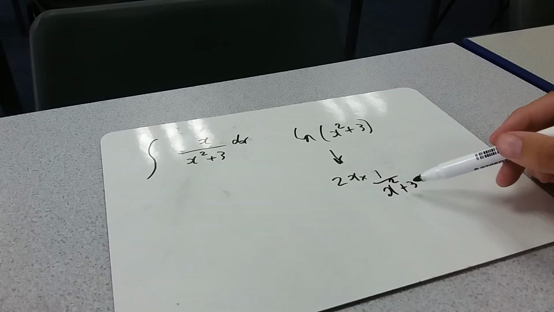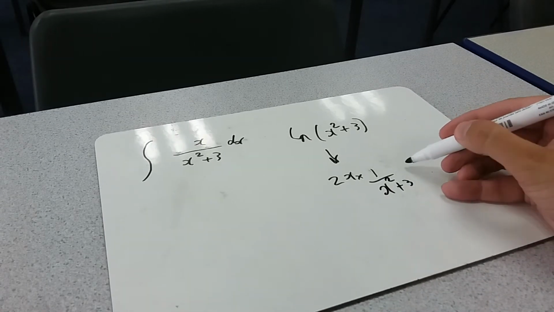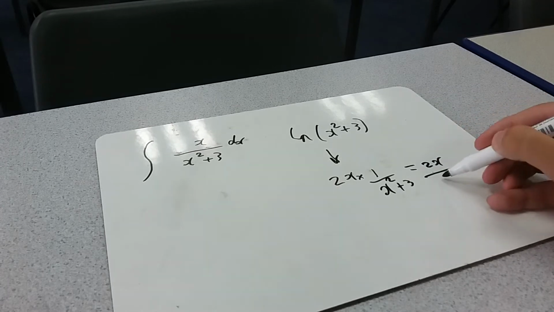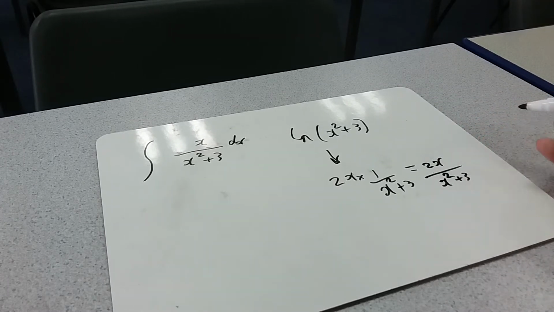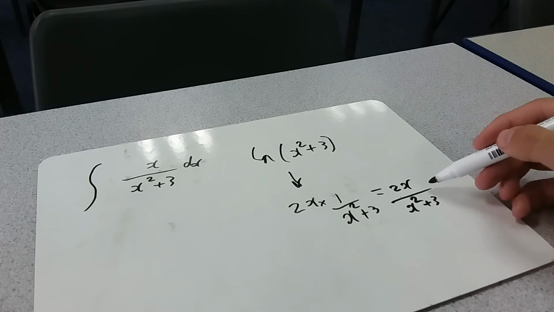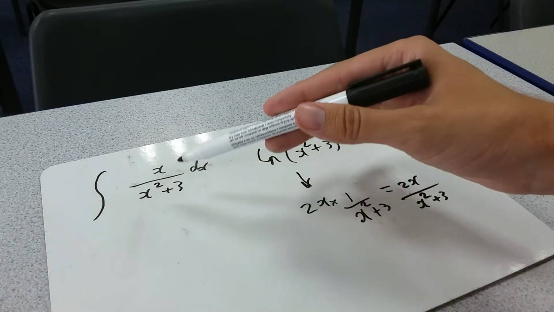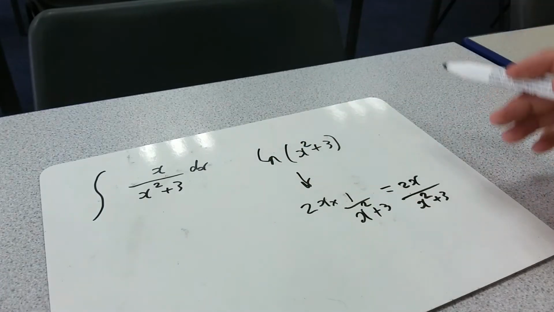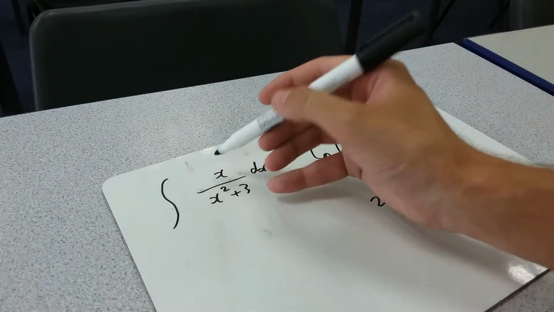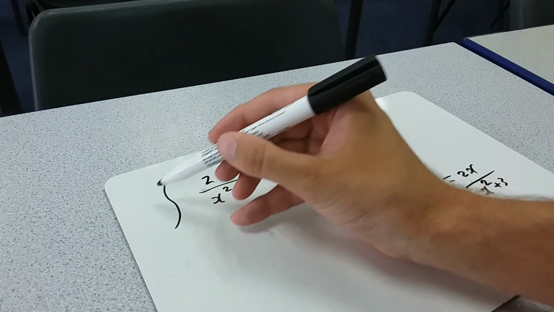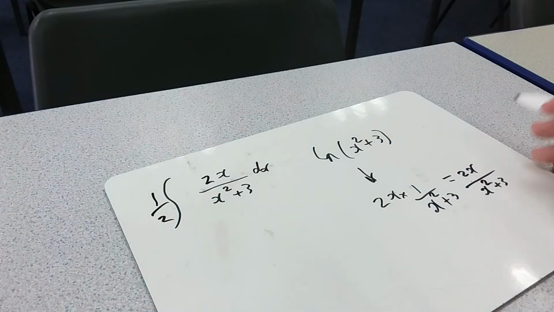Now this thing here, if you times it across, is 2x over x squared plus 3. It's almost the right thing. If we look up here, if this was a 2 on top, we'd be done. Or what we could do is I could times by 2 if I also put a factor of 2 on the bottom.